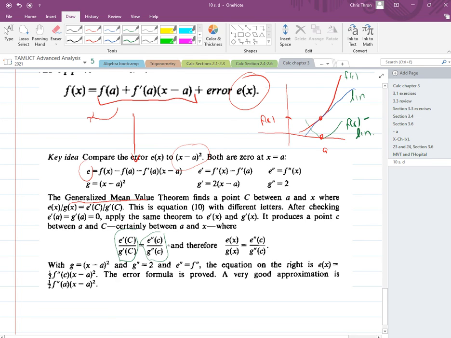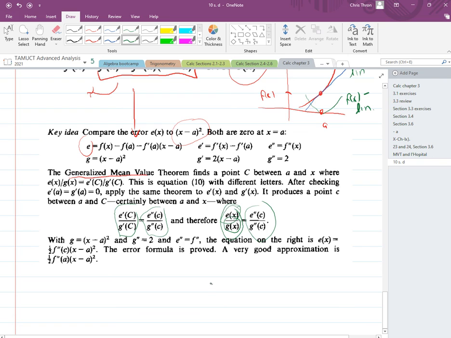Right, so this second derivative ratio is equal to the ratio of these functions. Okay? But the second derivative ratio is f double prime divided by 2. So f double prime divided by 2 is equal to the ratio of e of x over g of x at some point c.